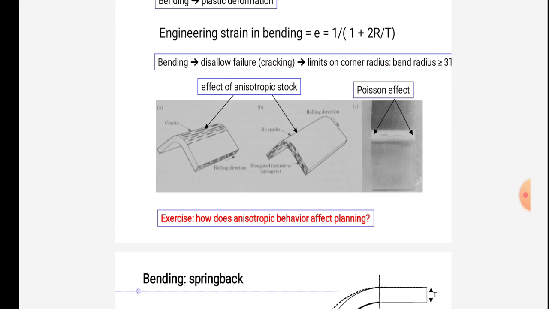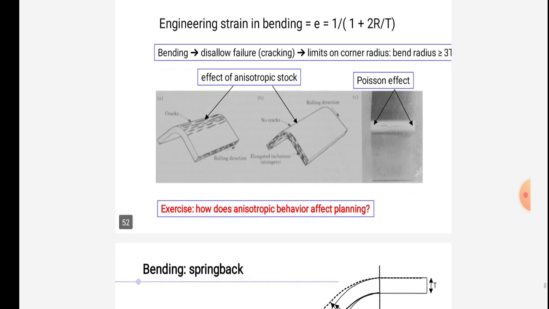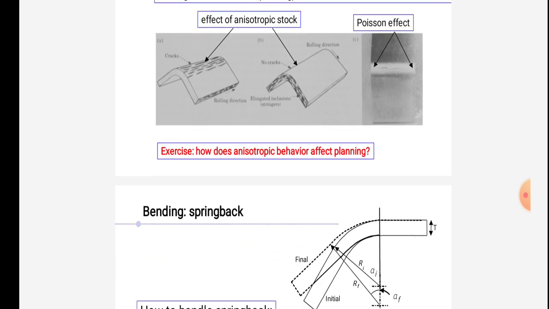Therefore, elongated inclusions, straighteners. The exercise given in this topic is: how does anisotropic behavior affect planning?